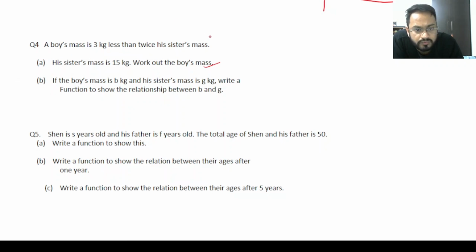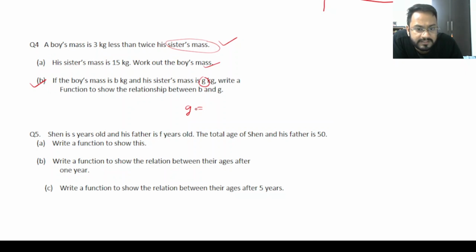So to make it easier for you all, I will start with the B part first, because the boy's mass is 3 kg less than twice his sister's mass. So I'll first take the sister's mass. What is the sister's mass? It is considered as G. So the boy's mass is 3 less than twice his sister's mass.